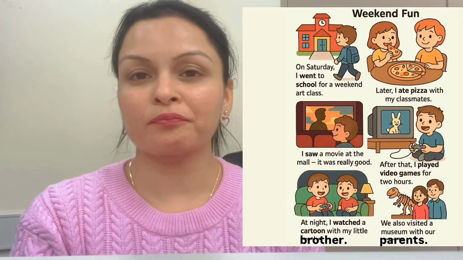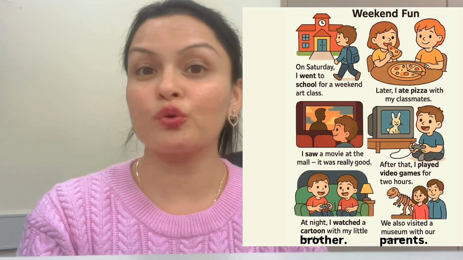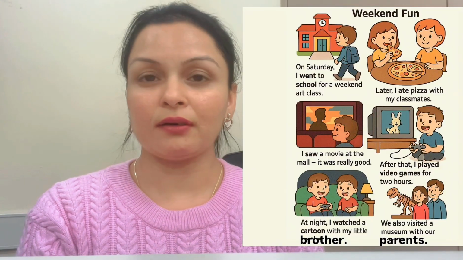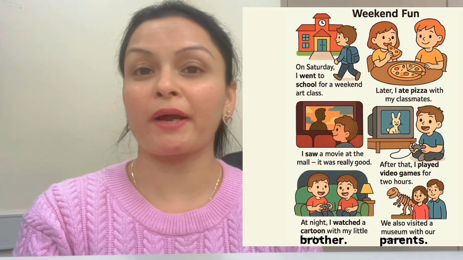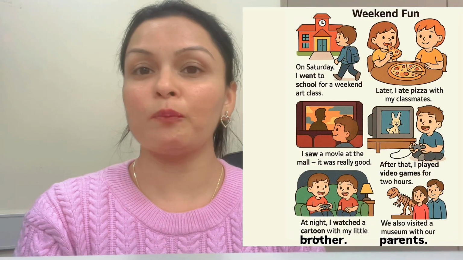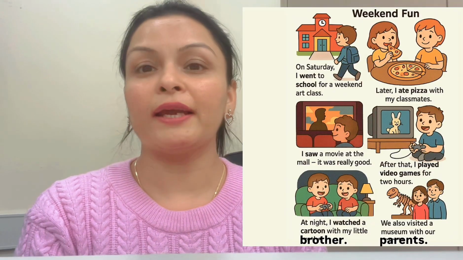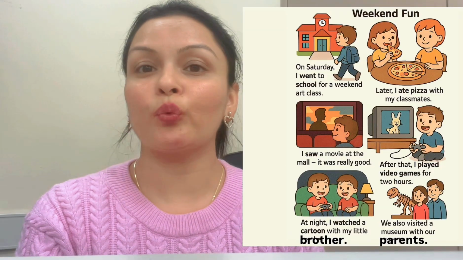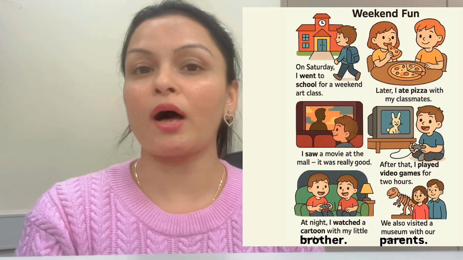Weekend fun. On Saturday, I went to school for a weekend art class. Later, I ate pizza with my classmates. I saw a movie at the mall. It was really good. After that, I played video games for 2 hours.